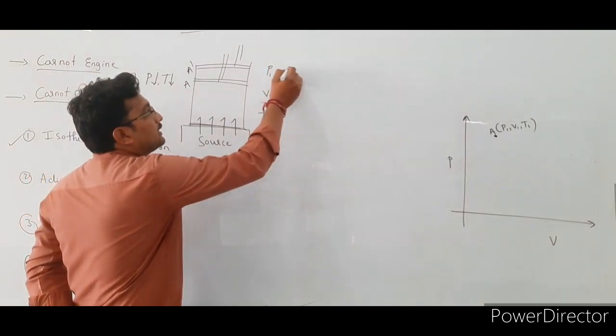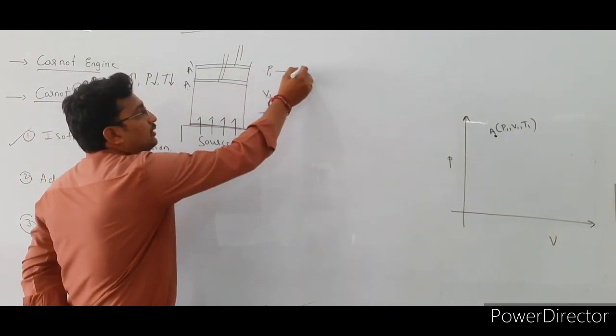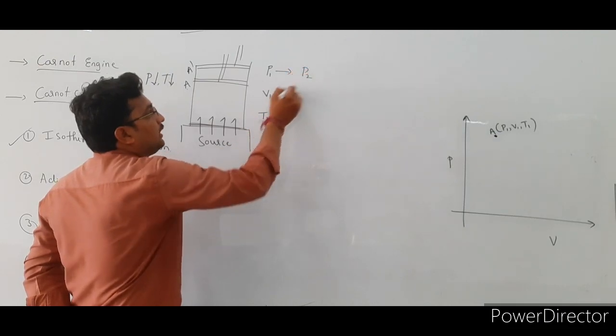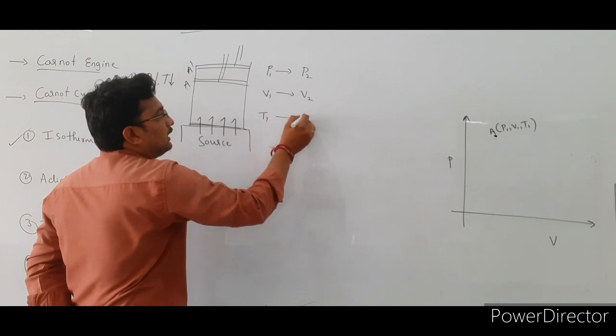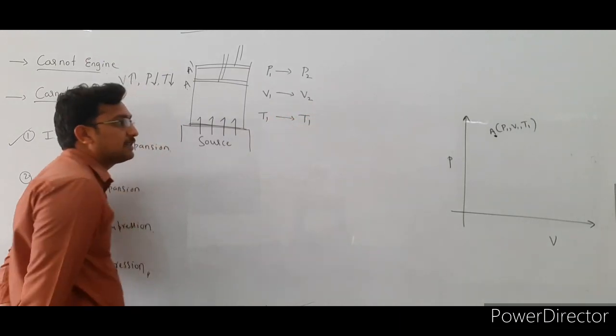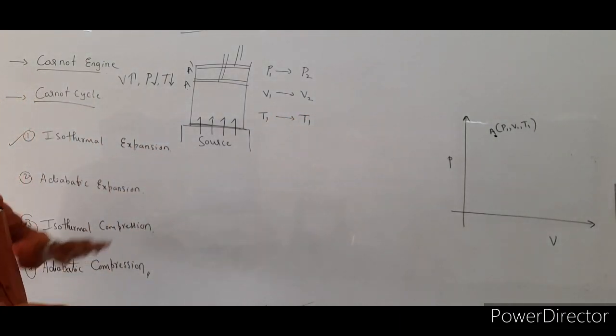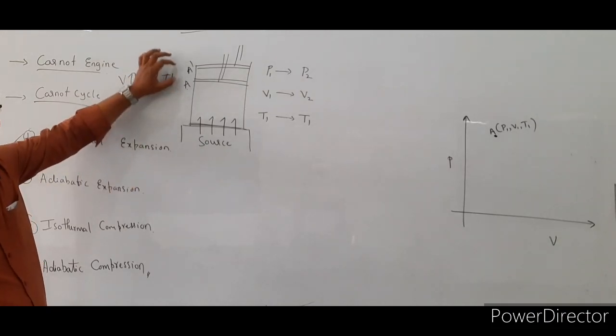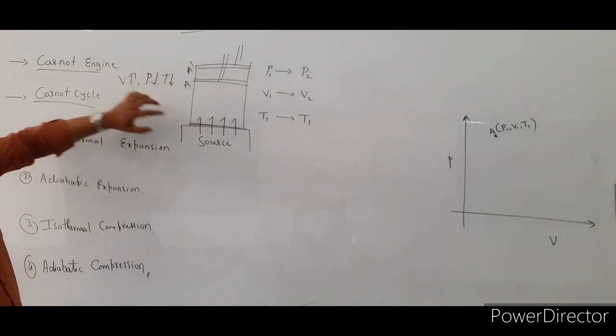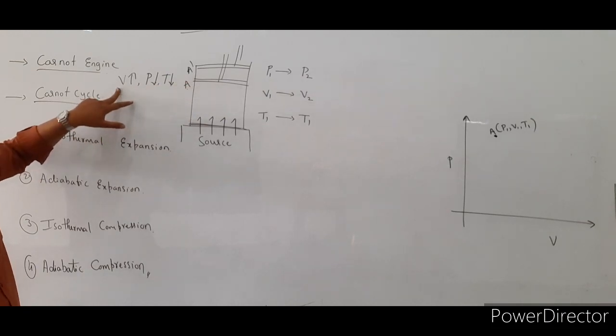Okay, see, in this case the pressure changes from P1 to P2, the volume changes from V1 to V2, but the temperature remains the same. When the gas is allowed to expand, the piston moves from A to A dash, and the volume of the cylinder is increased.